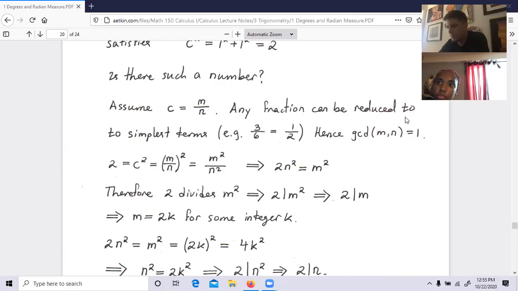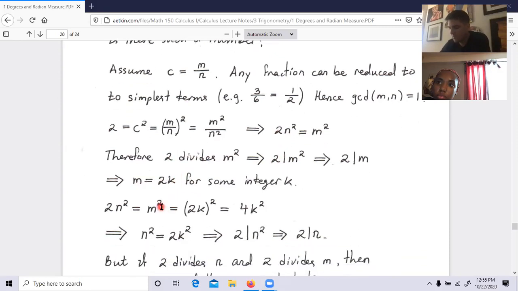You understand? Up to this line, guys, what I'm doing. And so that means that 2 divides m squared. You write it as 2 vertical line m squared. 2 divides m squared is how you say that. And that means that 2, in fact, divides m, which means m is equal to 2 times some other integer. And then I return back to this equation.